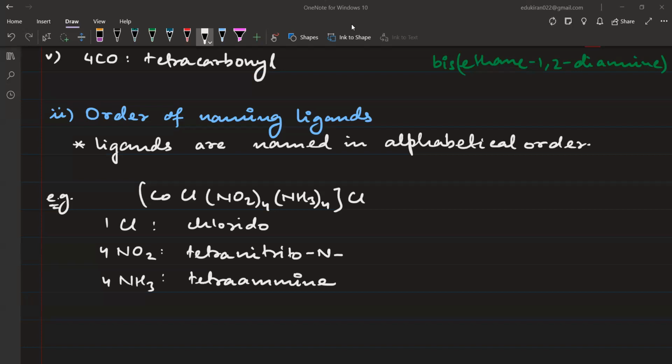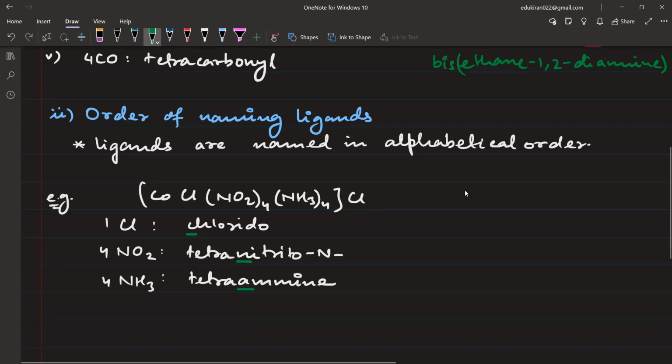Chlorine, C? No, no, no. You might think tetra is here and tetra is here too, right? But please remember, we have to see the name of the ligand. Tetra does not tell me anything about the name. The name of the ligand starts with C, this starts with N, and this starts with A.